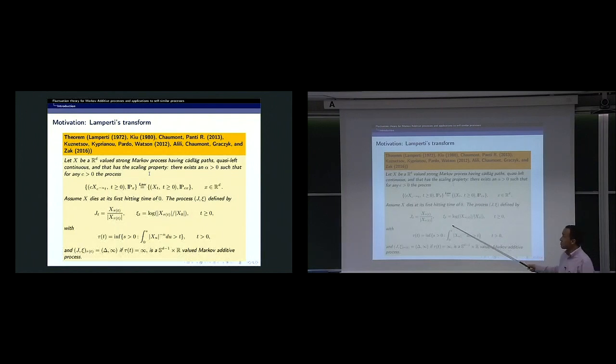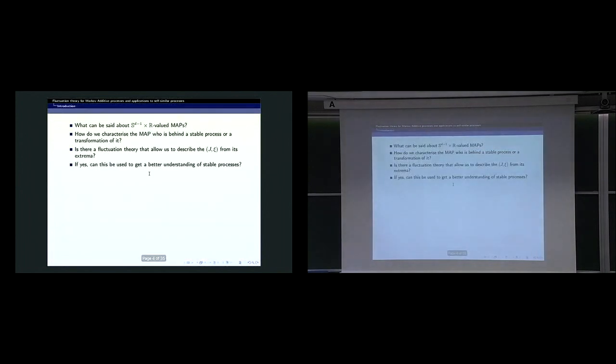Now, the question is whether we can say something about Markov additive processes. What can be said about them? Do we have the same tools as we do for Lévy processes? Can we characterize some of the maps, like, for instance, the map that is behind the stable process, which is one of the things we did here?